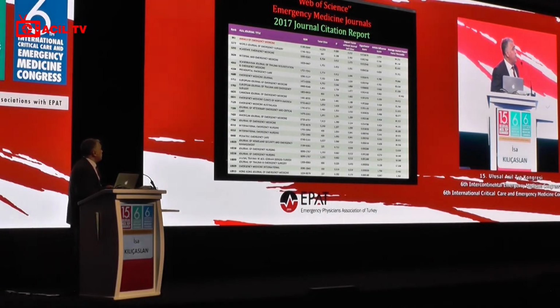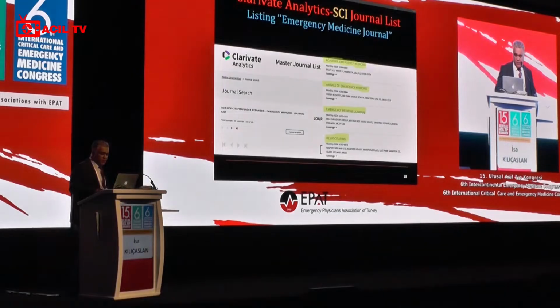When you look at the Web of Science, for the 2017 Journal Citation Report, the first is the Annals of Emergency Medicine with an impact factor of 4.68, and later Academic Emergency Medicine and the other ones.